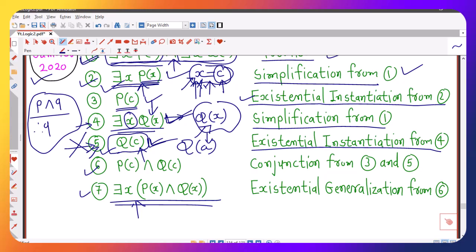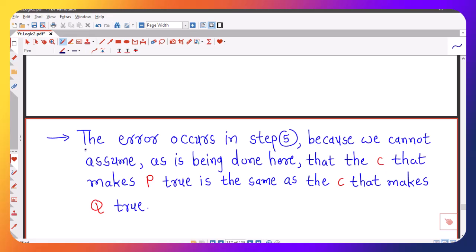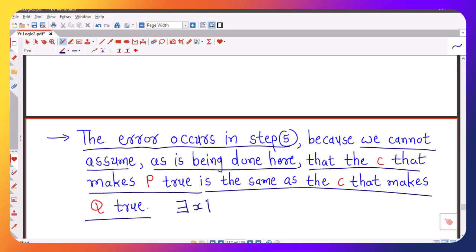So here we find that there is an error in step 5, because they have used the same value of x equal to c, which is used in step number 3, but it is not necessary that Q(x) is also true for the same value of x for which P(x) is true. So we just have to mention this thing and we have to write systematically. I have written here the error occurs in step 5 because we cannot assume, as is being done here, that the c that makes p true is the same as the c that makes q true.